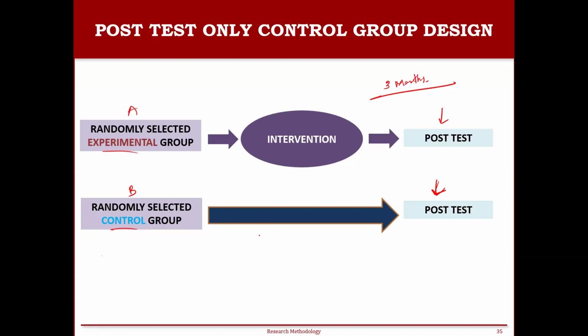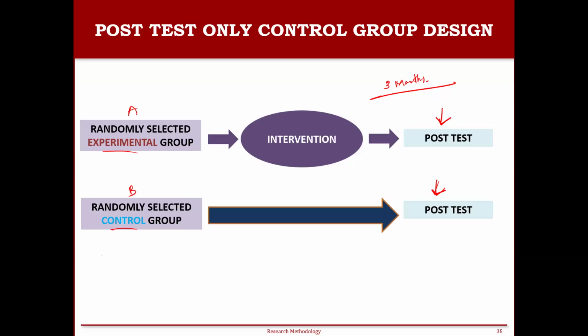The control group may follow the traditional method, not the new method. After the 3-month period, we conduct a post-test for both groups, just to check whether there are any changes or not.